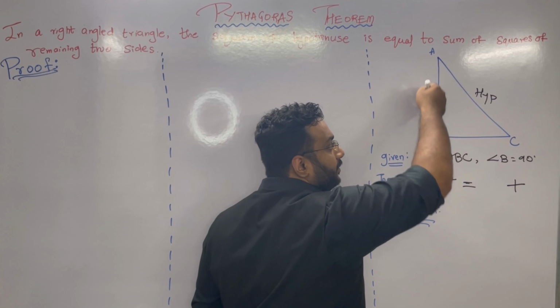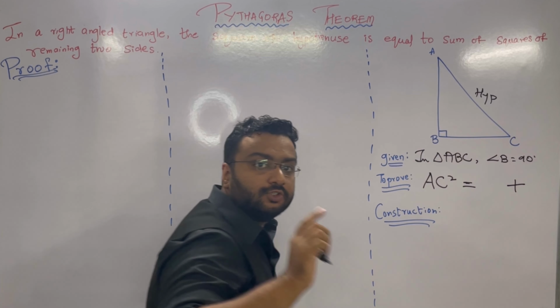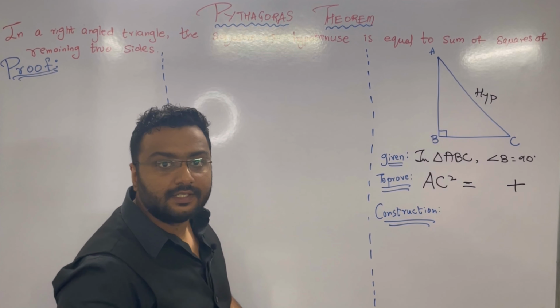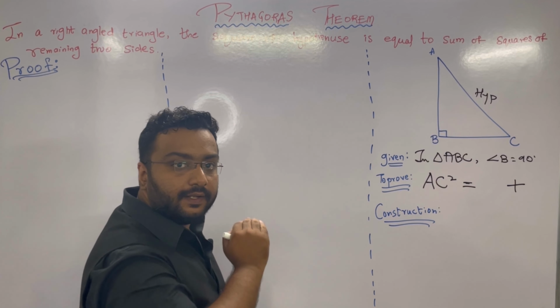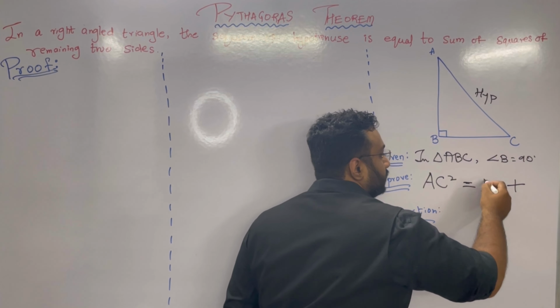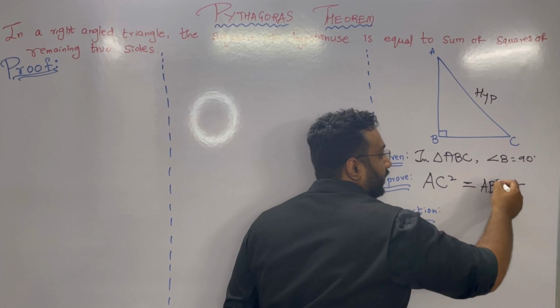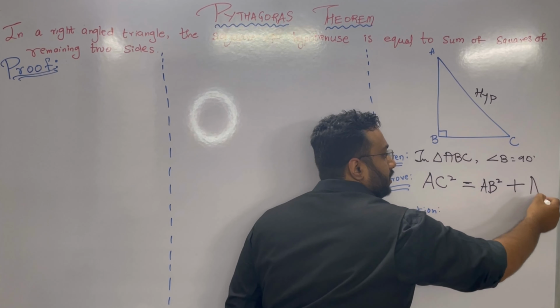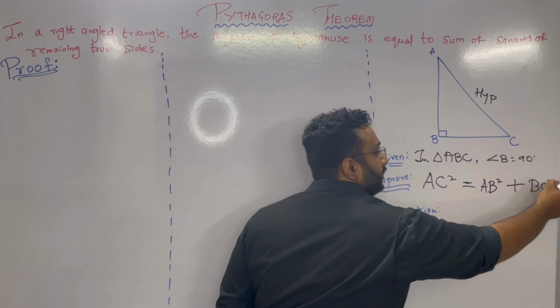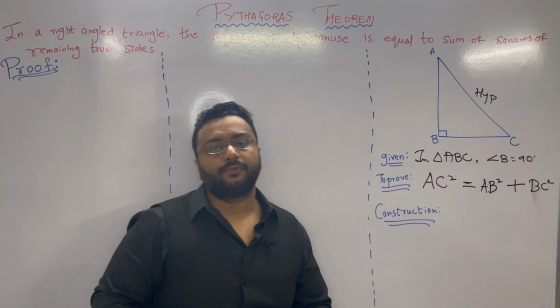That means the remaining two sides are AB and BC. So its square and sum. That means it will be AB square plus BC square, the sum of the squares of the remaining two sides. So AC square is equal to AB square plus BC square, and we need to prove this. This is nothing but the Pythagoras theorem and we need to prove it.